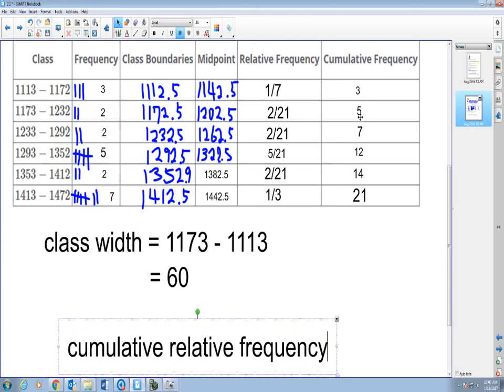The next one will be 5 out of 21, because the 2 plus the 3 gives you the 5 out of the 21. The next ones will be 7 out of 21, 12 out of 21, 14 out of 21, and the last one will be 21 out of 21, which is the equivalent of 1 in decimal form. 21 out of 21 is the whole number 1. Okay, so that is looking at the decimal or percentage, when I use the words cumulative relative frequency.